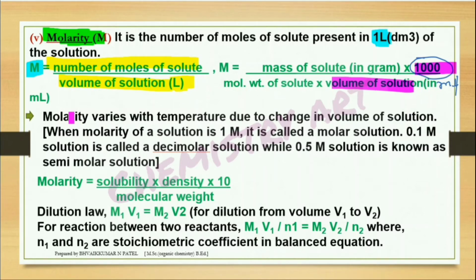Clear? Okay, so molarity varies with temperature. If the temperature changes, the molarity can also change because volume is there. If temperature increases, the volume will also increase, and if volume increases, the molarity will change. So it is not independent of temperature.